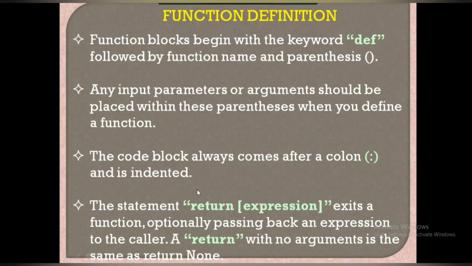When you finish your function, at last you write the return statement. This return statement is only optional. If you want to return a value, you write the statement return expression. Otherwise, if you do not need to send any values to the calling function, we just write a return statement alone.